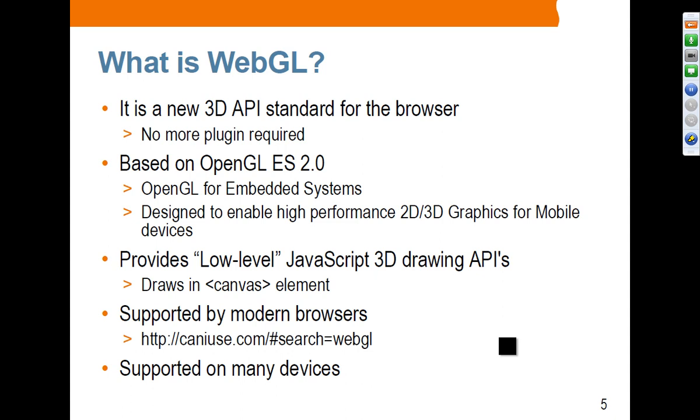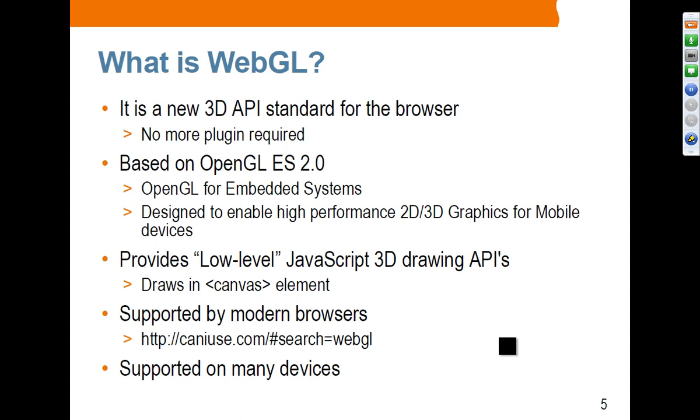OpenGL ES is designed to enable high performance 2D and 3D graphics for mobile devices. It's optimized for mobile devices, and that's what is being used by WebGL. The issue with WebGL is that it provides low-level APIs. In fact, it draws on the canvas element.